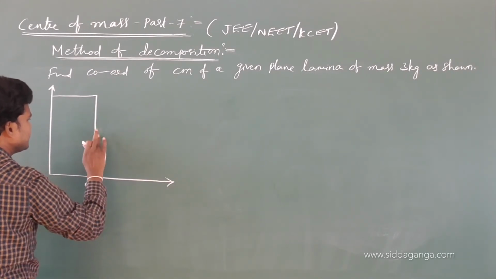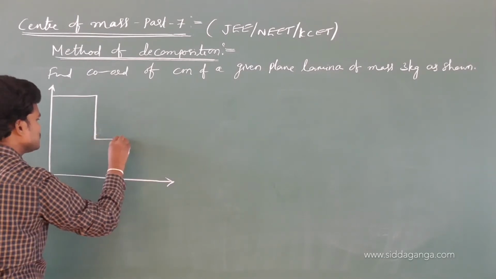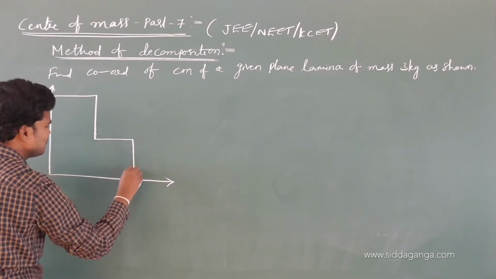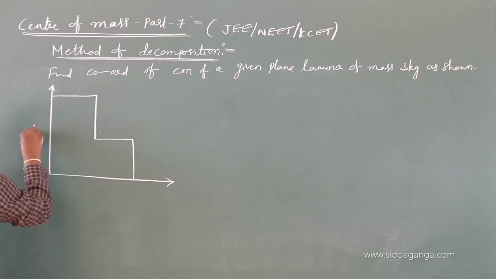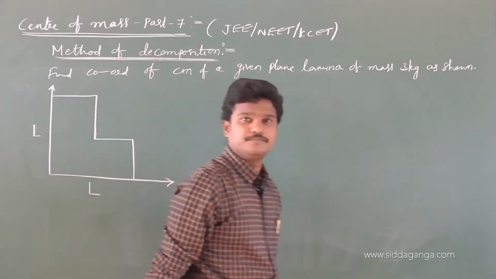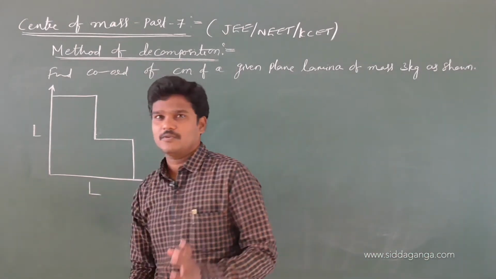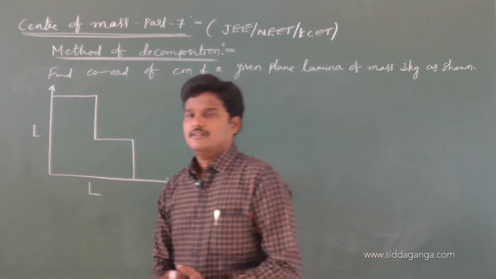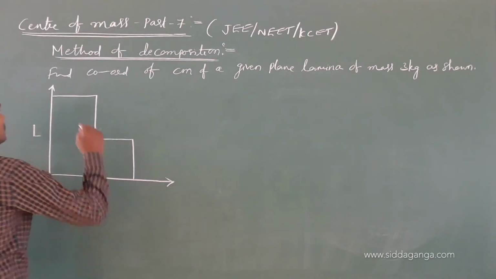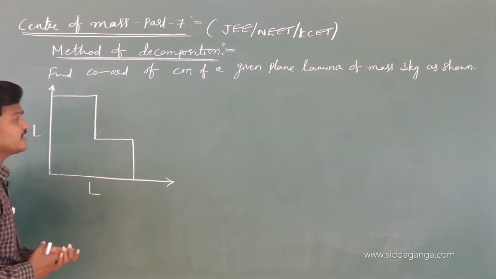So I am targeting NCERT and all types of entrances. Slowly I am going to cover everything, especially for first PU students. So they have given L. See, this is the plane lamina, whose length is given as L, and they cut it like this.